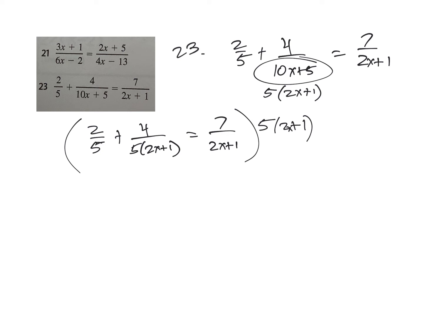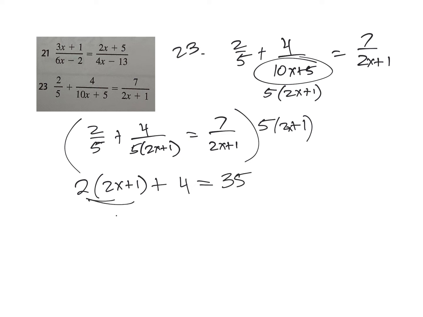On the first one, if we multiply it by 5 times 2x plus 1, the 5's will cancel, and we get 2 times 2x plus 1. On the second one, the whole denominator reduces out, and you just have 4. And on the right side, the 2x plus 1's will reduce, and you have 5 times 7.